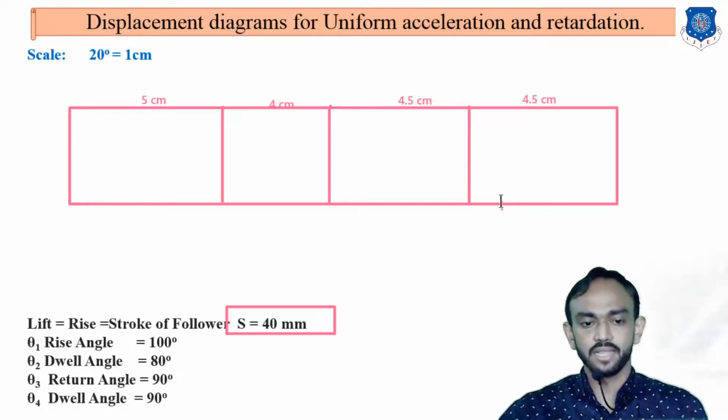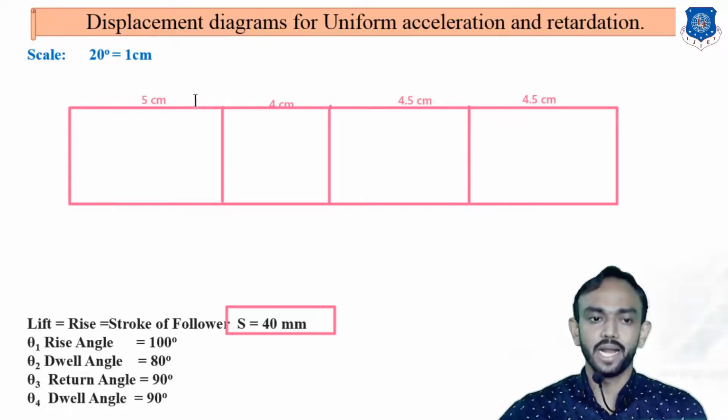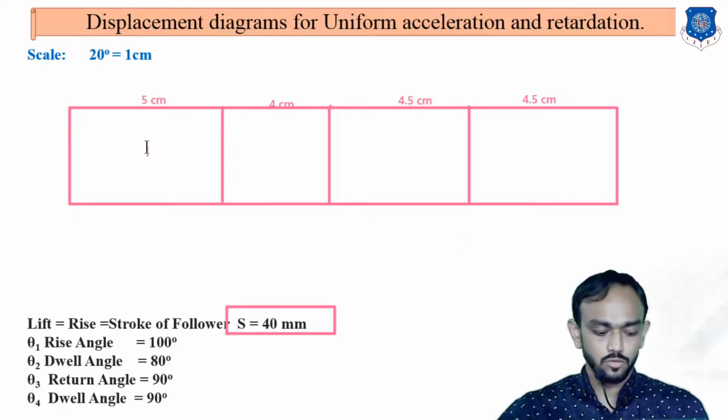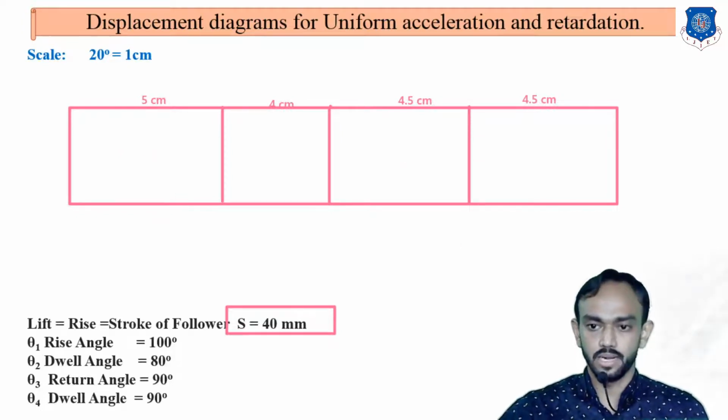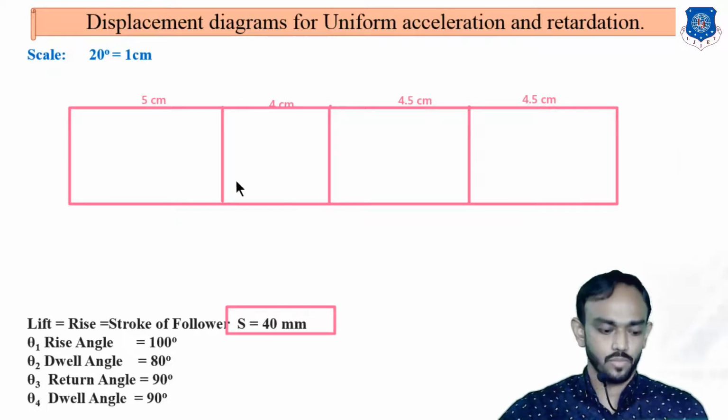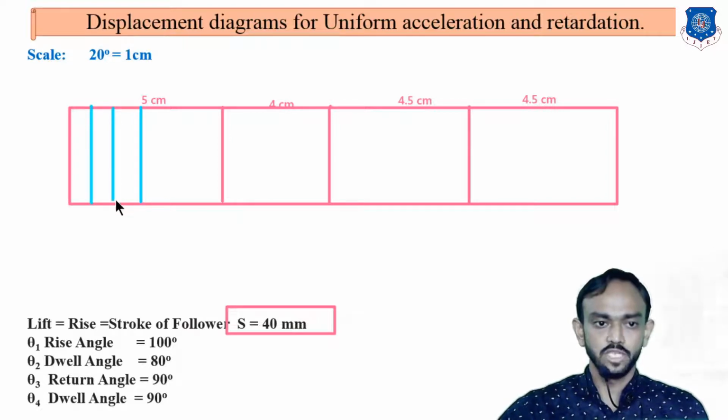Okay, after that, as you know, we are going to make rise and return in 6 divisions. So let's make 6 parts, up to this point. Up to this point the procedure will be the same.